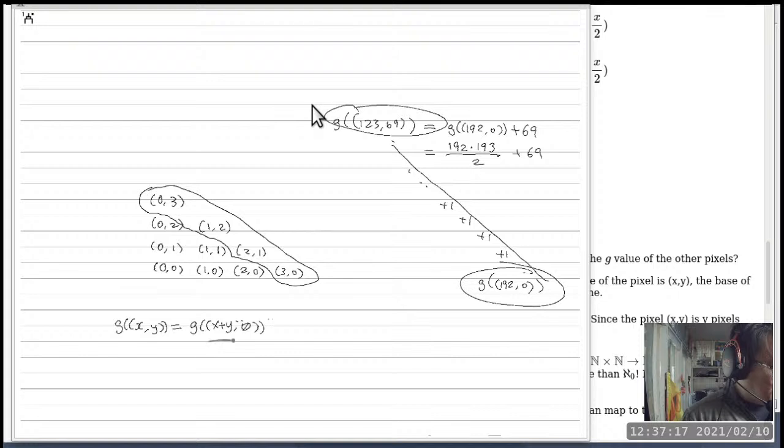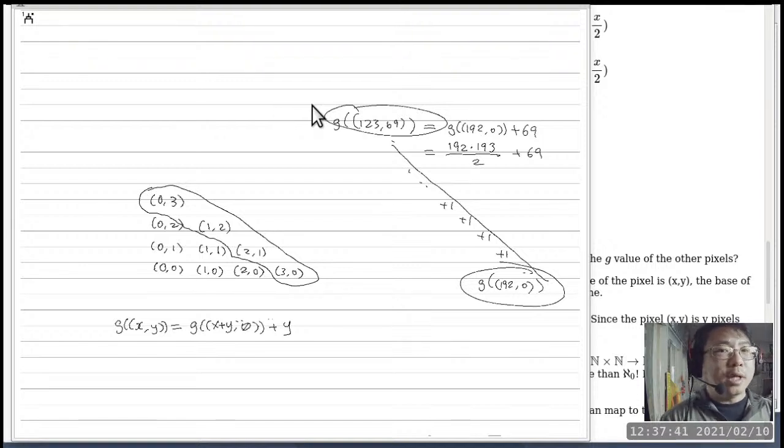Once we figure out the g value at the base of the diagonal line, the next thing is to just add the value of y, because each pixel along the diagonal line as we go from lower right to upper left, for each pixel that we move in that direction, we are just adding 1 to the g value of those pixels.